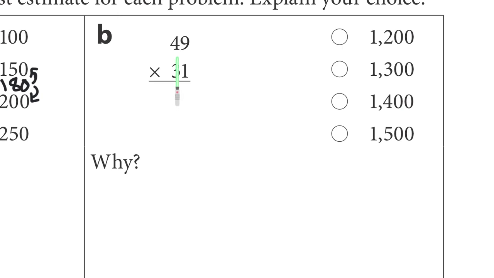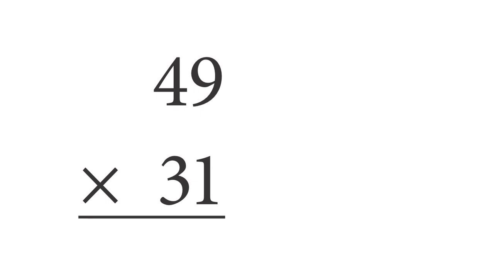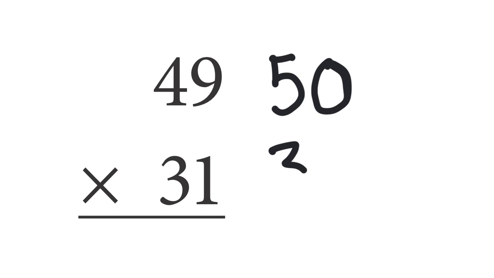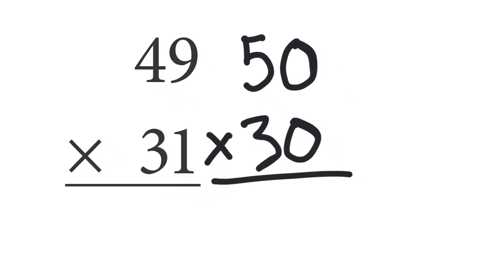Hopefully you'll see that 31 is close to a number that we know, and 49 is close to a number that we know. If I were going to round them, that's easy to multiply. That's also easy to multiply. In fact, that looks a lot like one of the problems we did on the first page. I can forget these two zeros and then focus on taking 5 times 3.